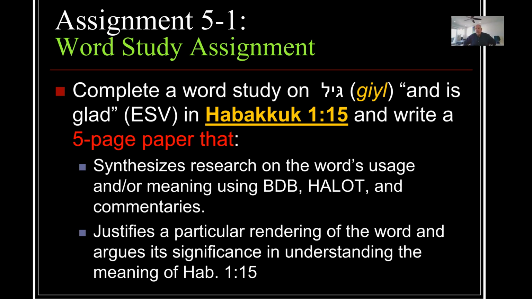So I would start there and look at what is the context of the use of that term in verse 15. Then I would do a full study of the word as it's used everywhere else in the Old Testament.